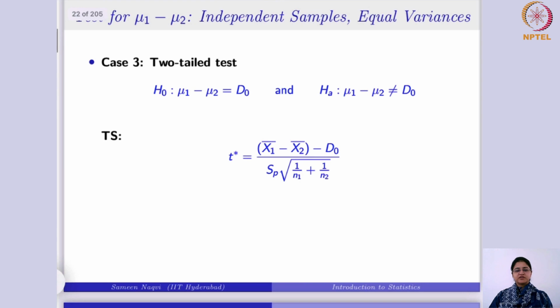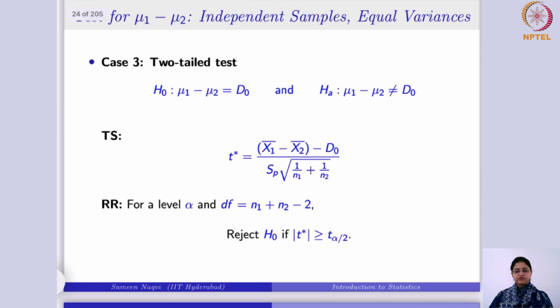Again, your T star, your test statistic, would be calculated under the null hypothesis, and for the given level of significance and degree of freedom defined in this way, if the absolute value of this test statistic is greater than or equal to T alpha by 2, then you are going to reject the null hypothesis. Obviously in this case, since it is two tail, your alpha will be split into two directions.